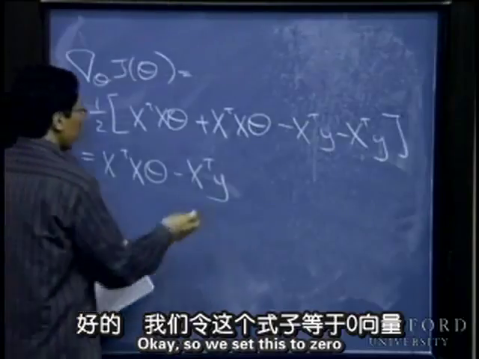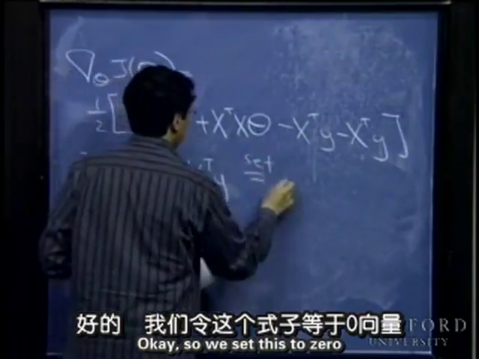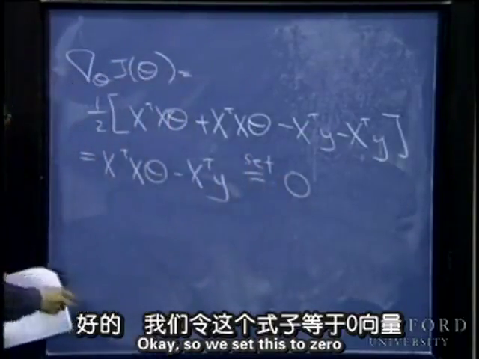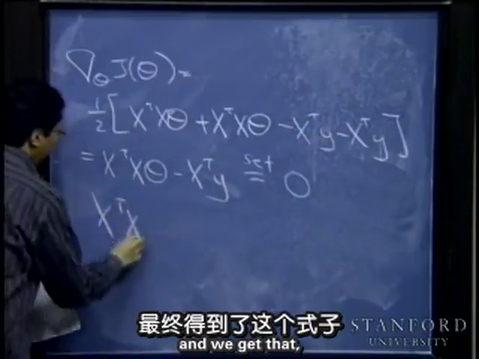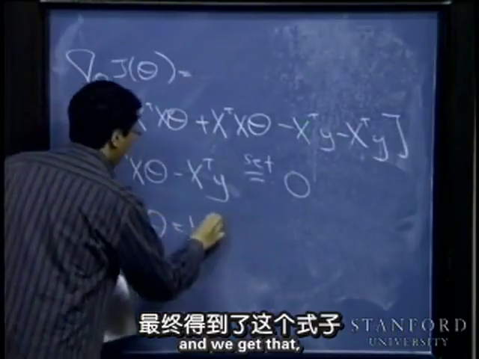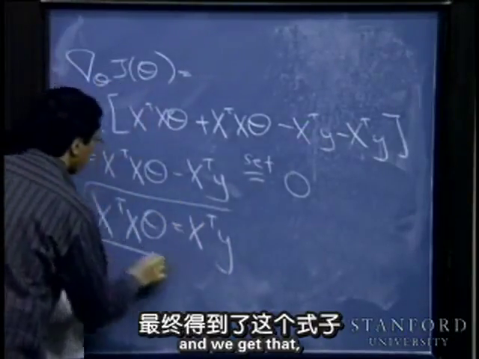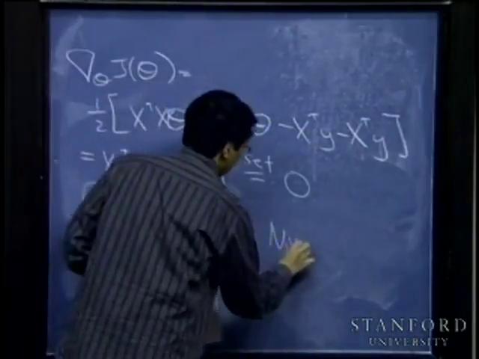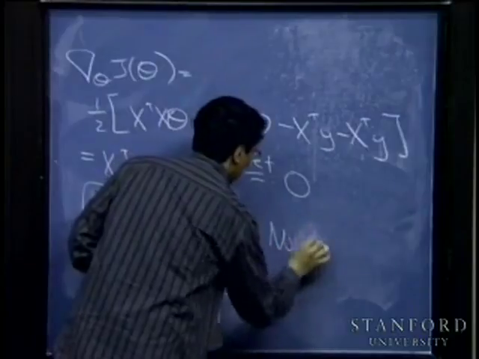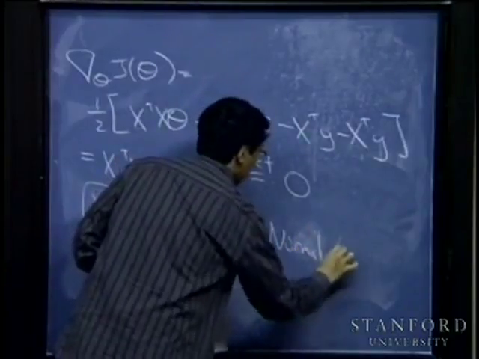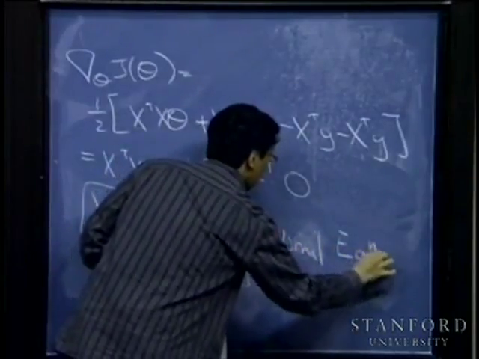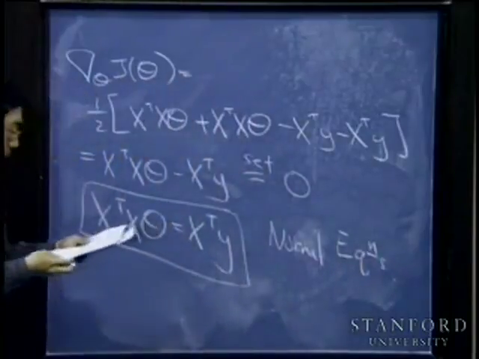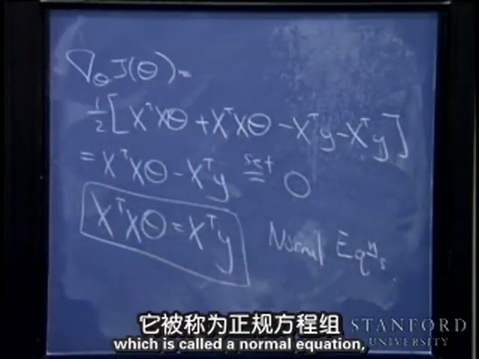Okay? So we set this to 0, and we get that x transpose x theta equals x transpose y, which is called the normal equations.